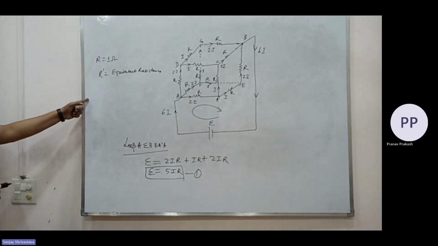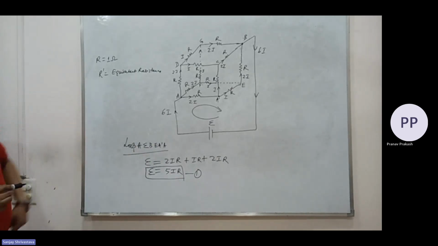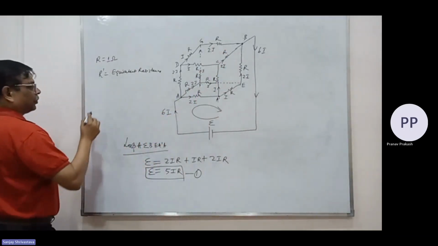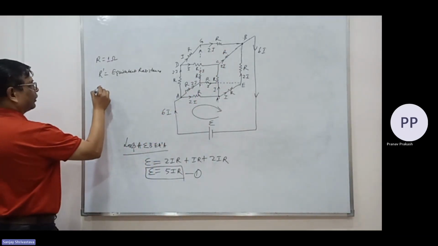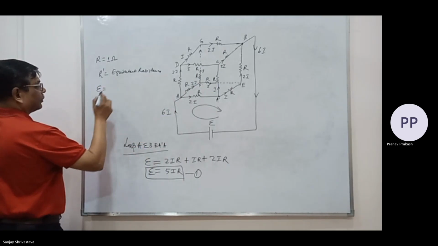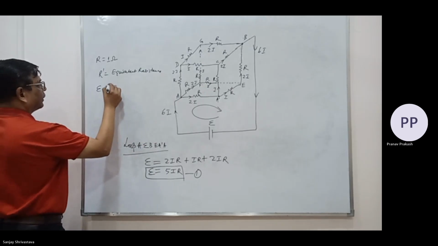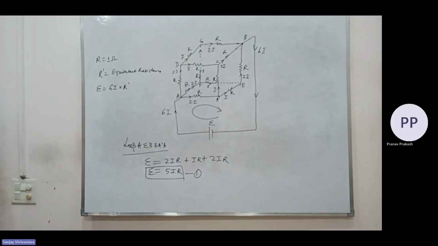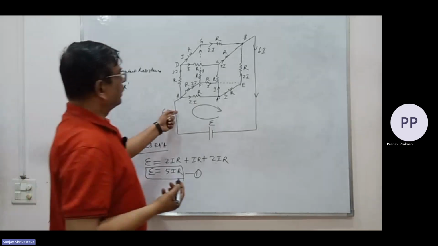If R dash is the equivalent resistance between A and B, then epsilon is equal to the current 6I into R dash by Ohm's law. And we need to find out R dash. That is the question: find the equivalent resistance between A and B.